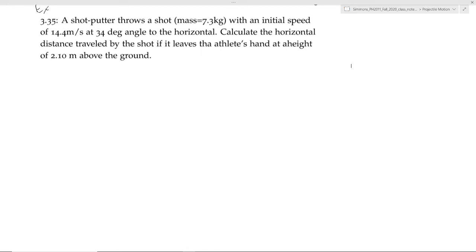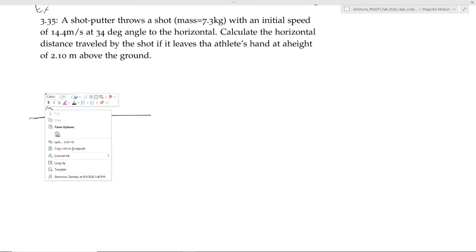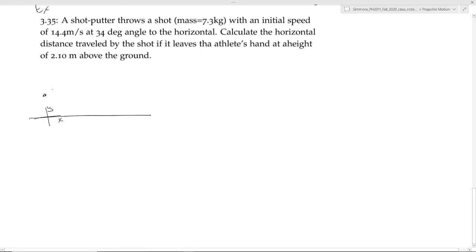Okay, let's give ourselves a picture here. So here's the ground. We have a coordinate system. We're going to have the shot. So it's going to originate at some initial height of 2.1 meters. Try and draw this a little bit neater.